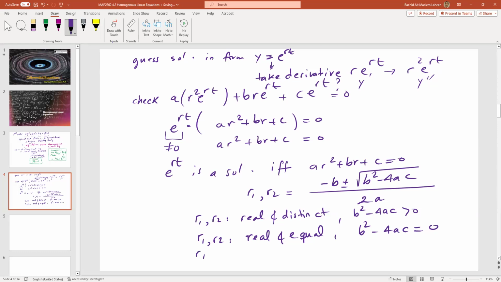And we know that r1, r2 are complex conjugates when the discriminant is negative.